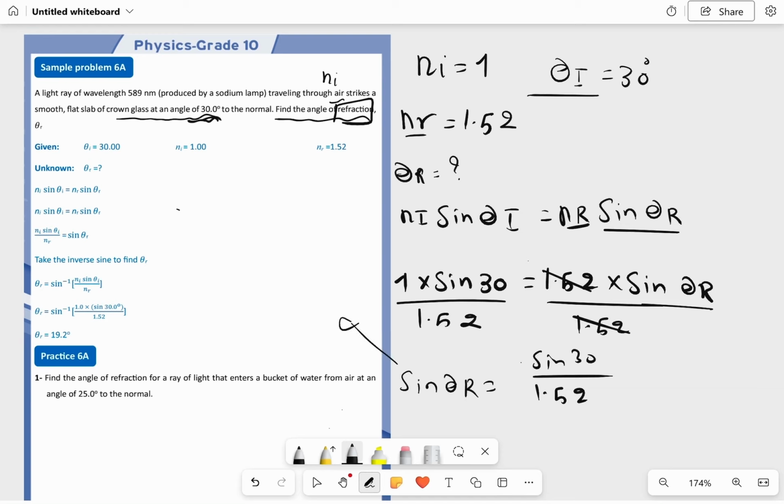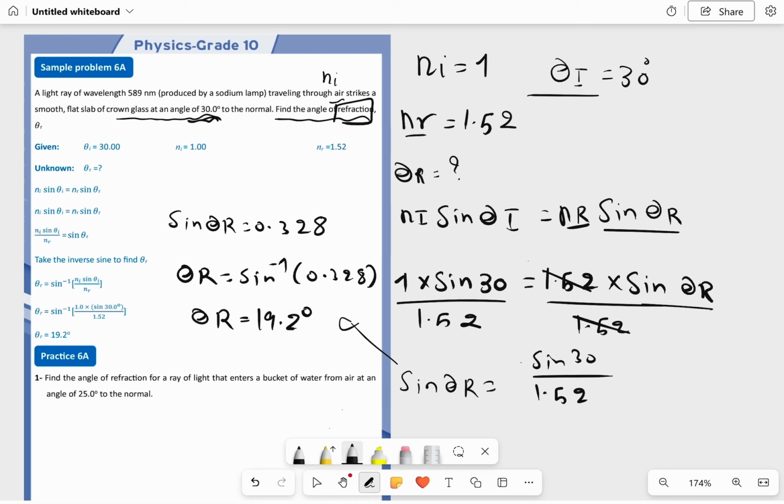So sine theta r is equal to 0.328. Then we're going to take sine inverse. So theta r is equal to sine inverse of this number, 0.328, and theta r is equal to 19.2.